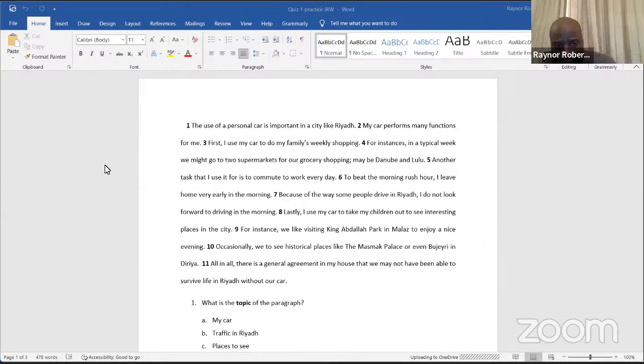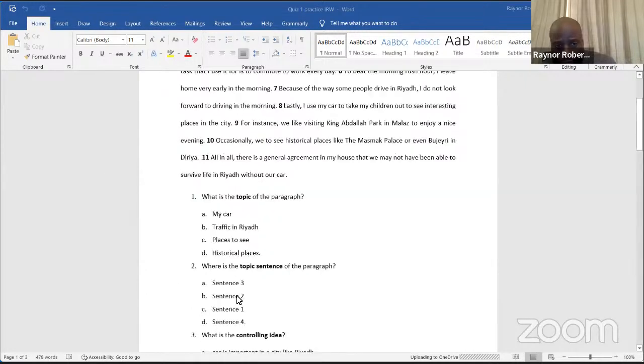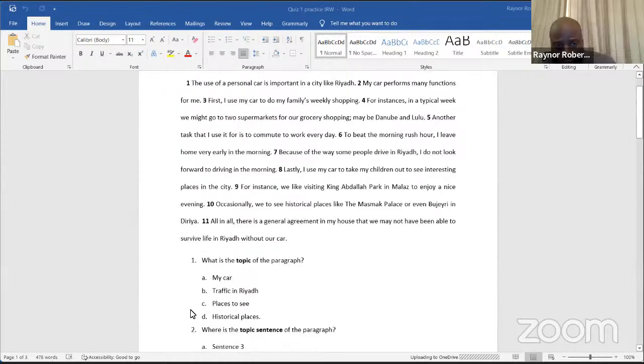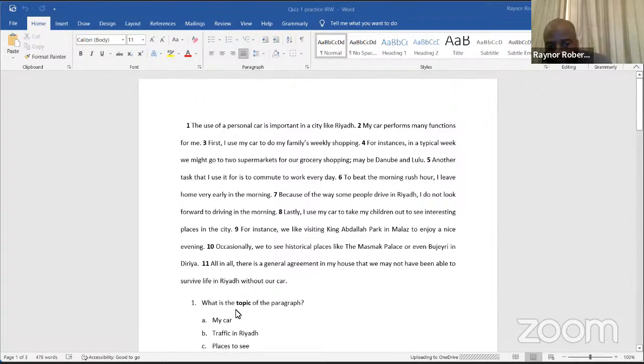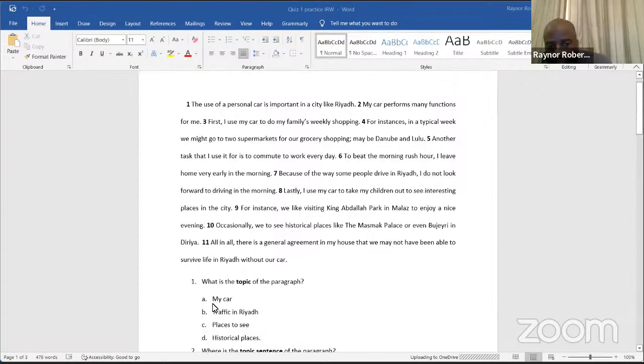All right, so the first question. It may not be this question, so don't think the first question will always be the topic. It may be about something else. But this first question says, what is the topic of the paragraph? So here you're looking for the topic sentence. Remember, it's going to be the first or second sentence. The use of personal cars is important in a city like Riyadh. My car performs many functions for me.